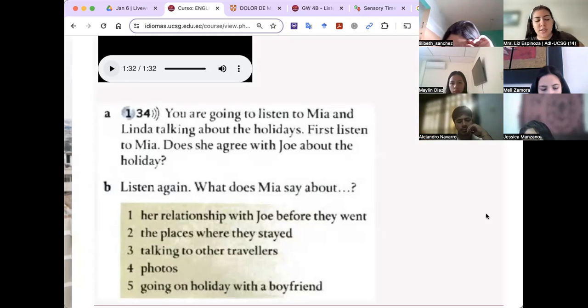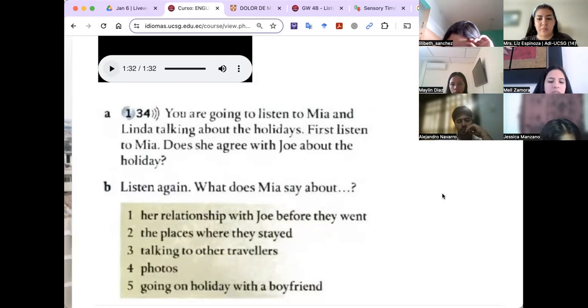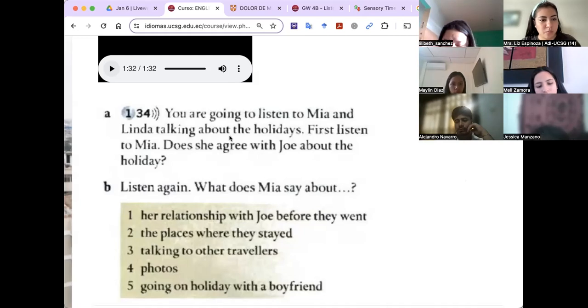What about number 4, Jessica? What does Mia say about the photos? She loved the photos, or she doesn't like the photos? What can you say? She doesn't like them.